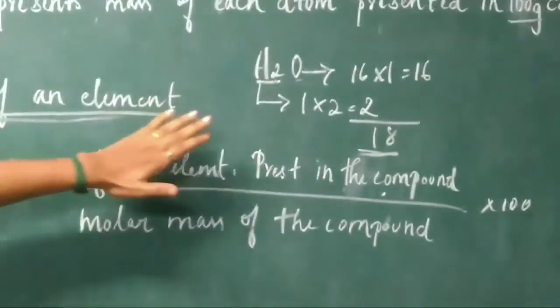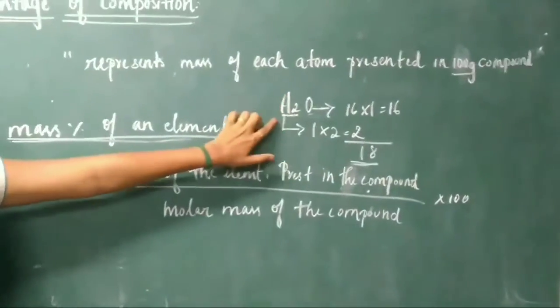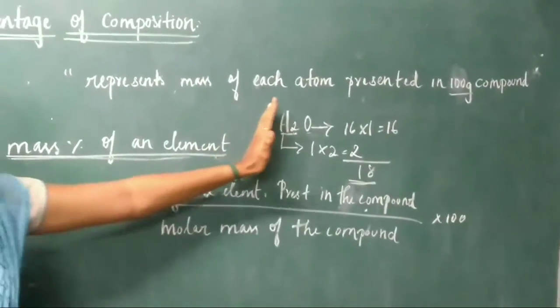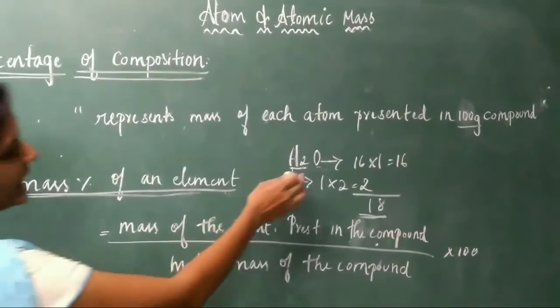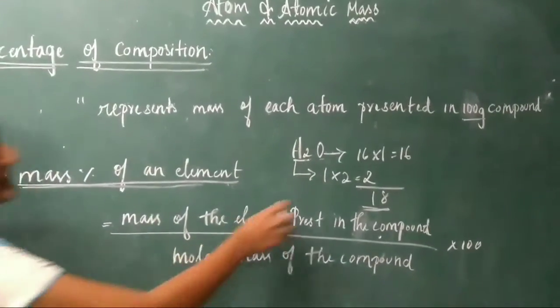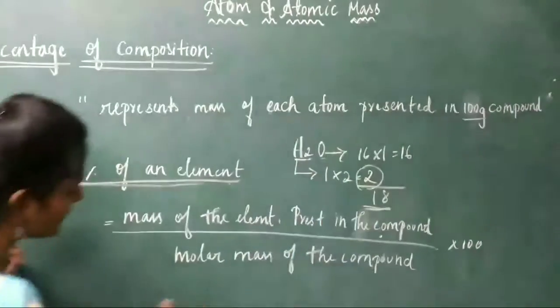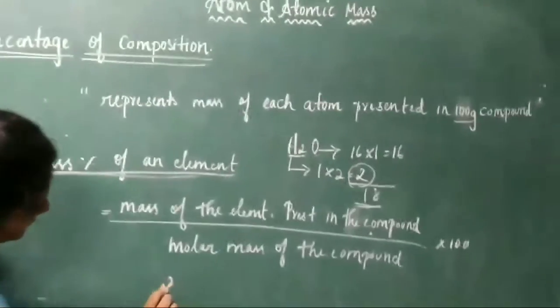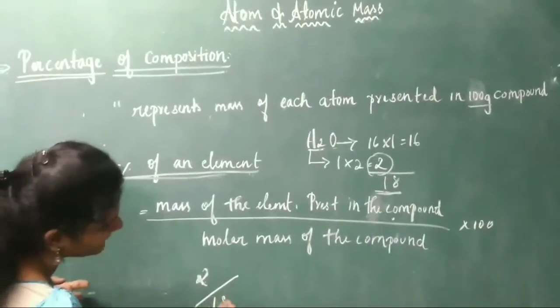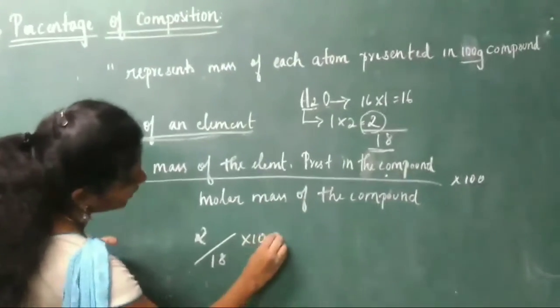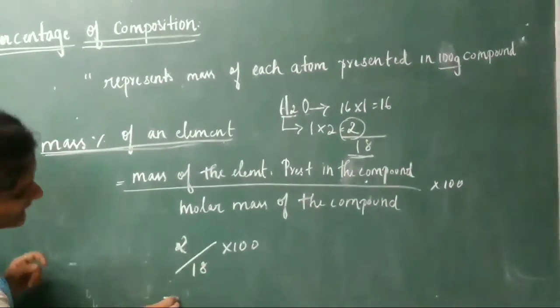Now we calculate the mass percentage of hydrogen present in the compound. The mass of hydrogen is 2, divided by the total mass of 18, into 100. If I calculate this, I get 11.11%. This is the mass percentage of hydrogen present in my compound.